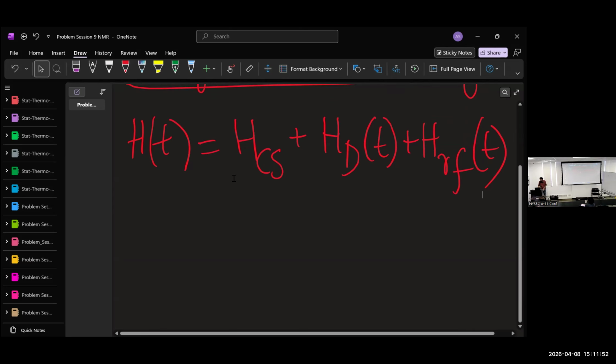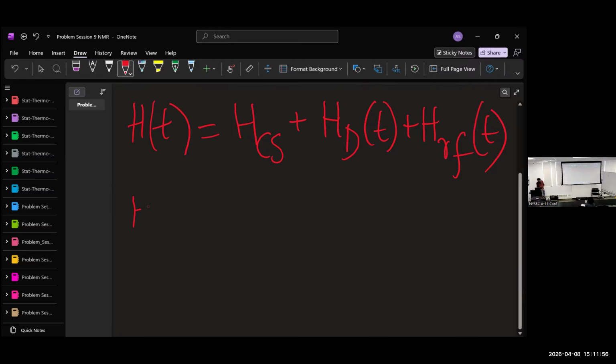I'll just go over briefly the logic of the average Hamiltonian, where we said that you have a dipolar Hamiltonian, which has some time-dependent components.